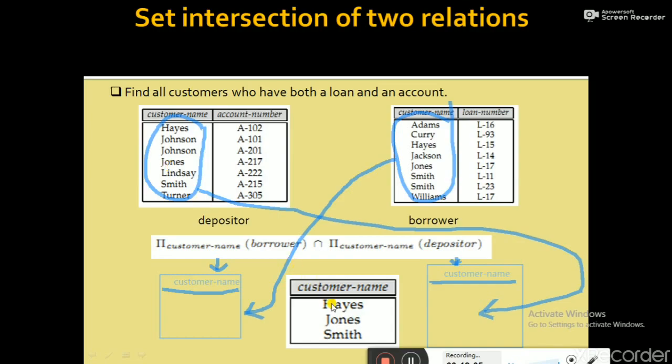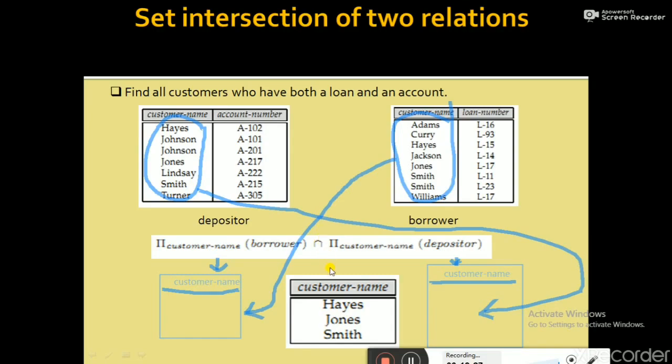Jones is already included, no need to check. Lindsay is present in depositor but not in borrower, so Lindsay will not be there. Smith is already there, no need to check. Then Turner is present in depositor but not in borrower, so Turner will not be there. So this is how we can operate the set intersection.